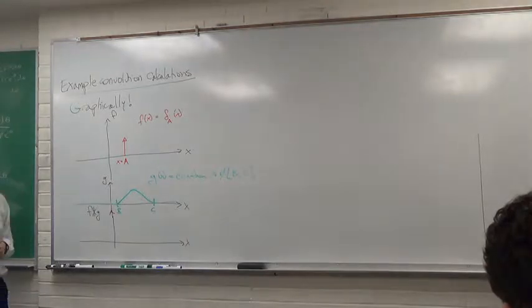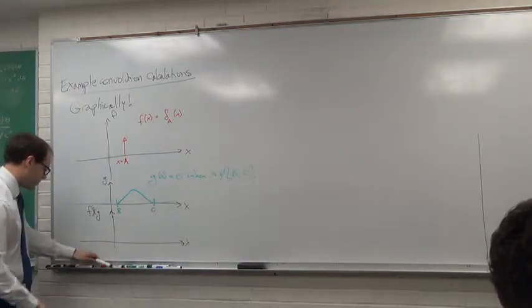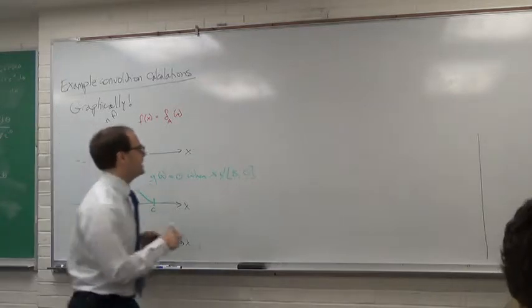If you will, g is what we call a compactly supported function. Okay, so let's try to compute the convolution. What does that mean?